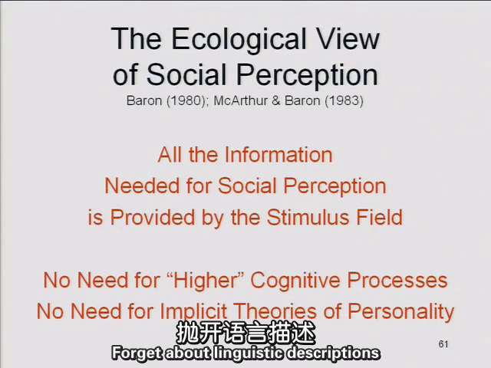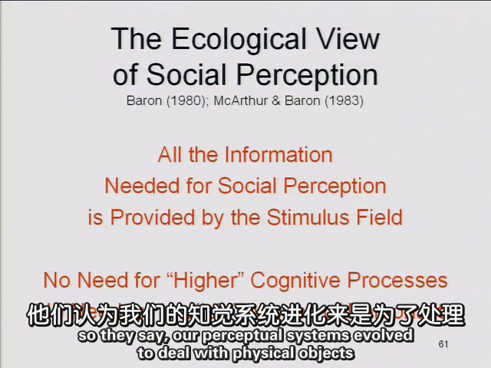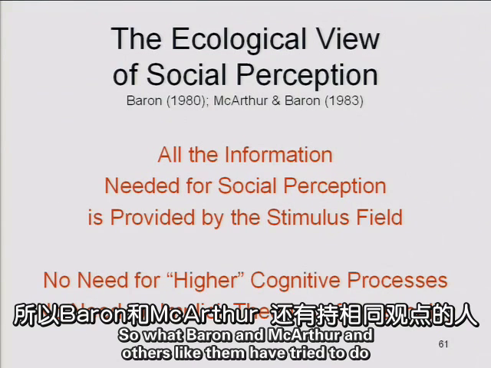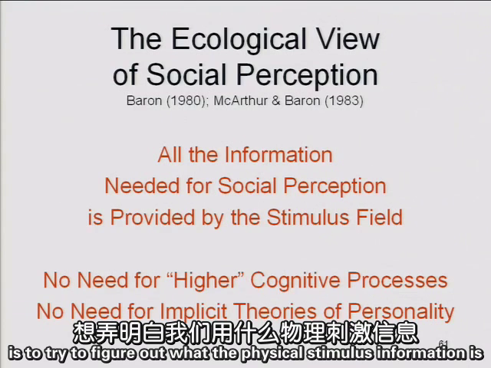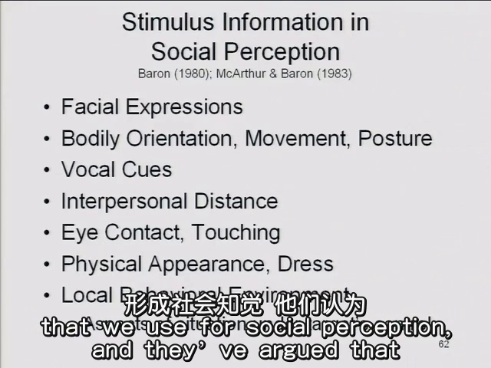Forget about linguistic descriptions. Our perceptual systems didn't evolve to deal with language, so they say. Our perceptual systems evolved to deal with physical objects in a physical environment. So what Baron and McArthur and others like them have tried to do is to figure out what the physical stimulus information is that we use for social perception.